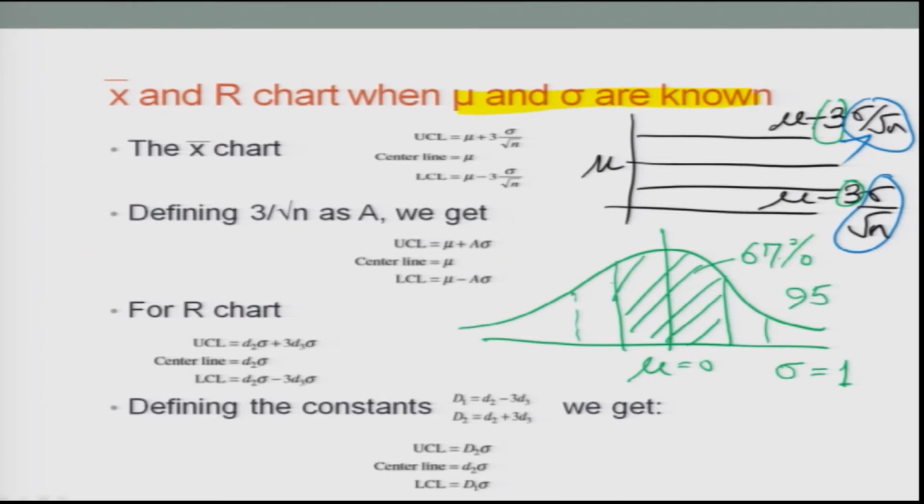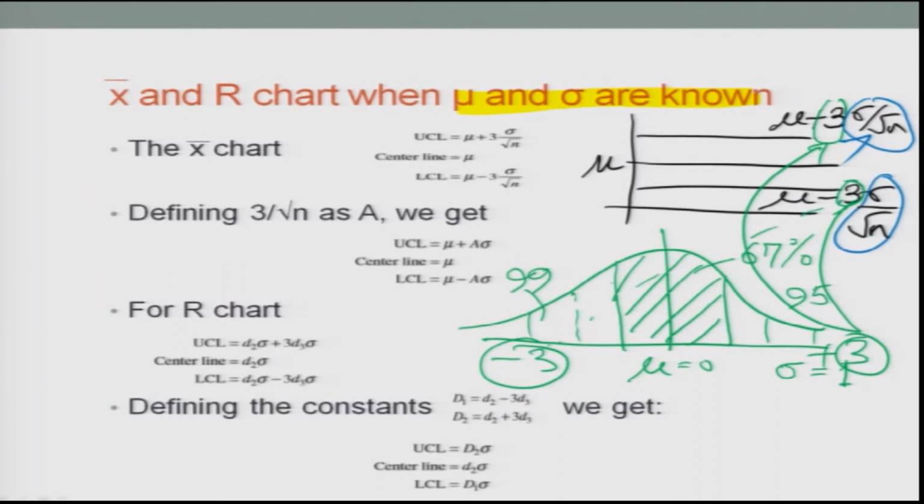These are approximate values, you can check the table. When I consider plus minus 3, the overall coverage is about 99%. So this value of minus 3 and plus 3 is what is being used for these calculations.